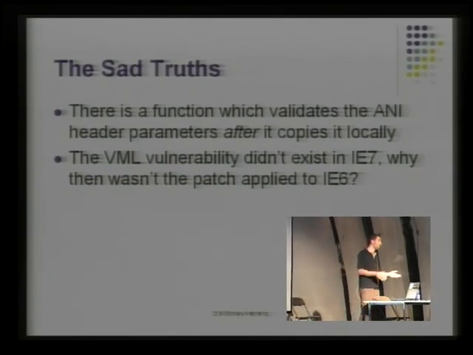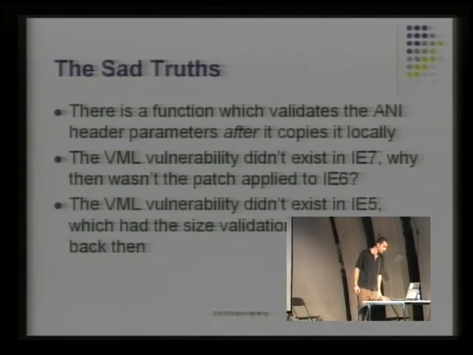So they knew there is a bug and they didn't patch Internet Explorer 6. This is pretty annoying, but maybe because they have lots of source code and other teams that work on Internet Explorer 6 and 7 and they don't cooperate well. I can't answer that really.